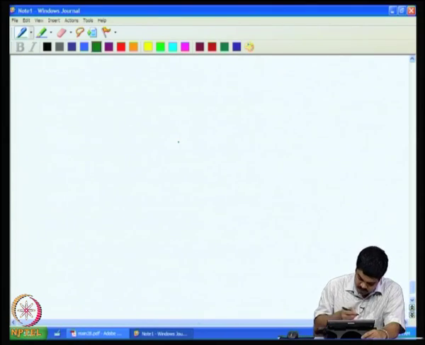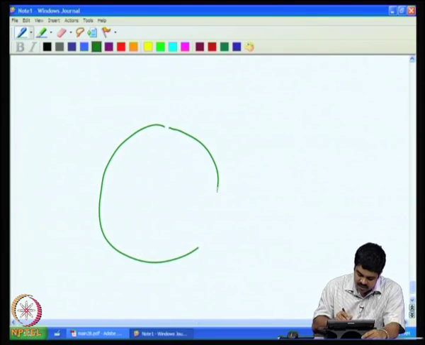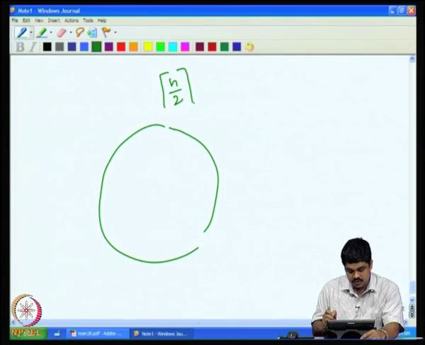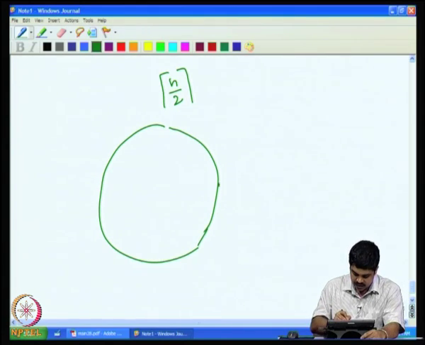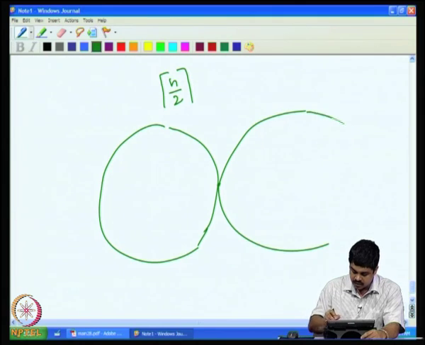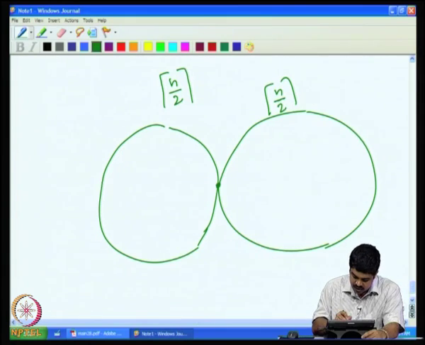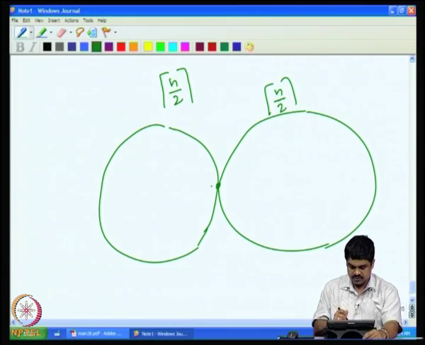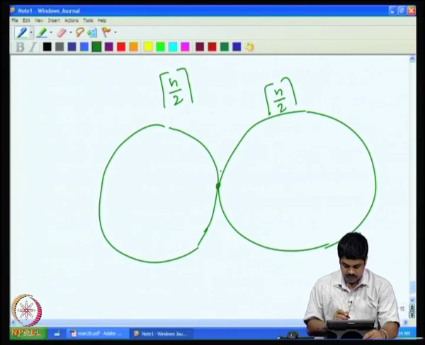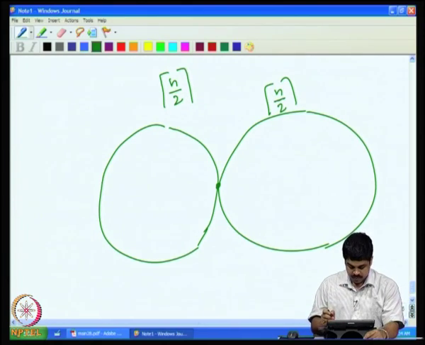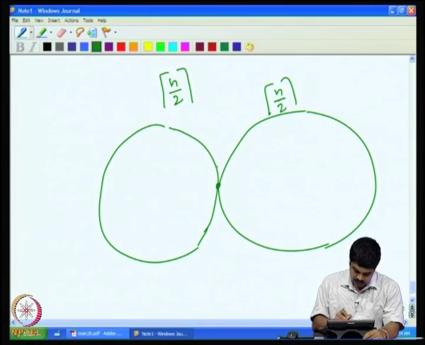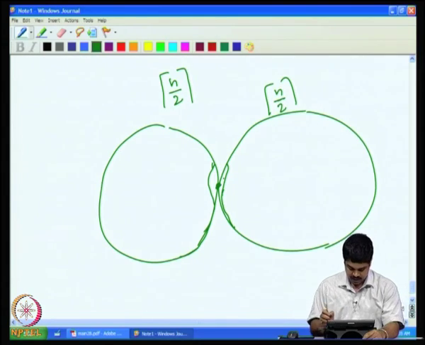The worst case may come, for instance, from this example, when we consider an n by 2 sized clique and then an n by 2 sized clique here, with a common vertex. If n is an odd number, we have n minus 1 by 2 exclusive vertices here, n minus 1 by 2 exclusive vertices here, and then one extra, right, that will make it.